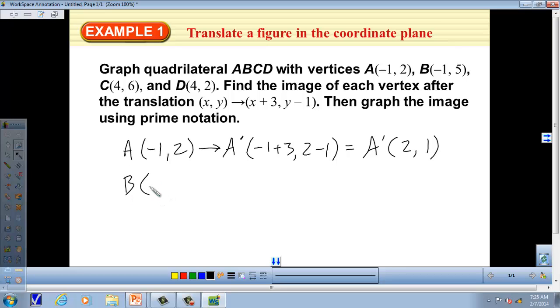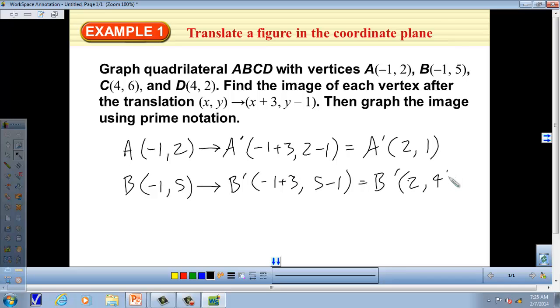B is at -1, 5, and it becomes B prime, which is -1 plus 3, and 5 minus 1. So now this becomes B prime, which is, whoops, I'm sorry, that's incorrect. No, that's correct. 2, 4.